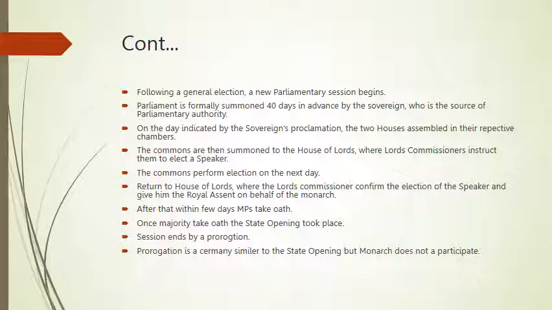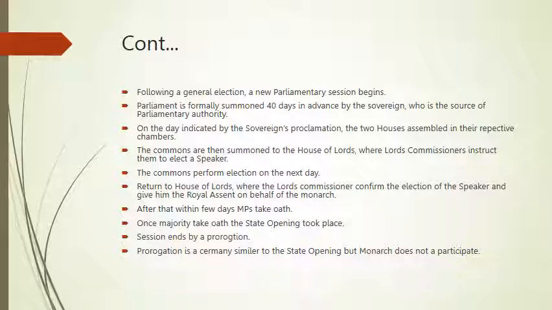After that, within a few days, almost all member parliamentarians take oath. Once the majority of the MPs take oath, the state opening takes place, and the session ends with another event, which is not as popular as state opening, but that's called prorogation.